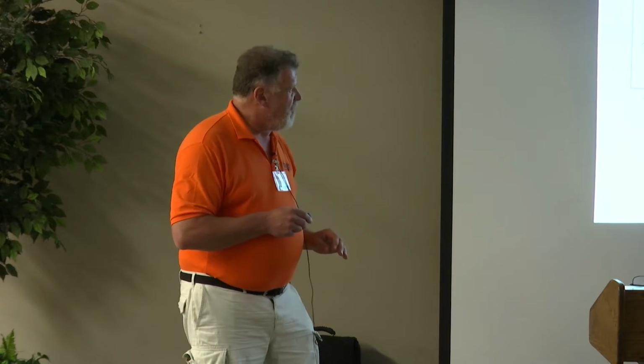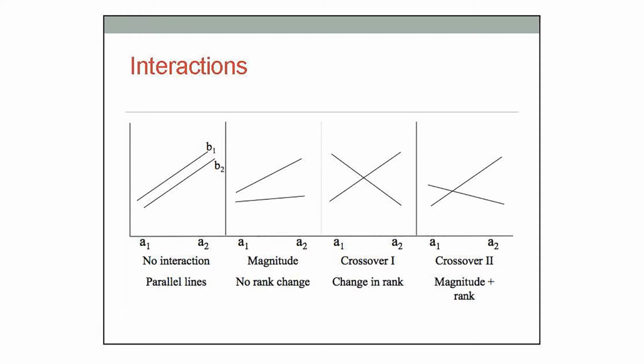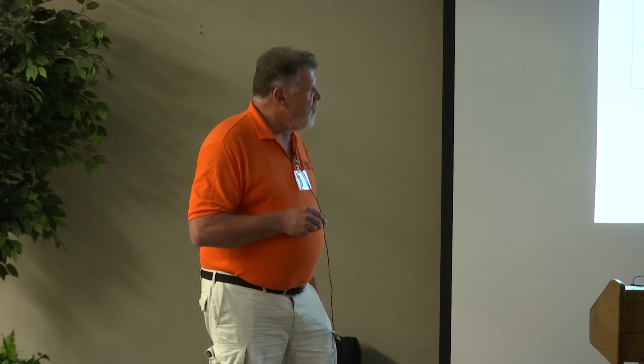Most often we have a situation like this, that we have a magnitude effect and a crossover effect combined. This is where it really helps when you plot your means, and you may discover, well, here, yeah, it looks like an interaction, but it's essentially the same.